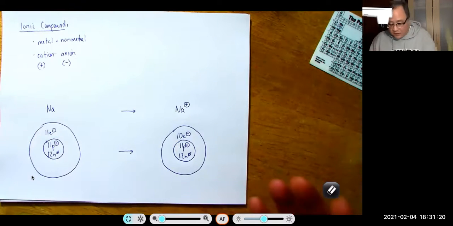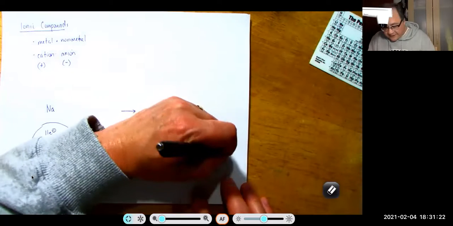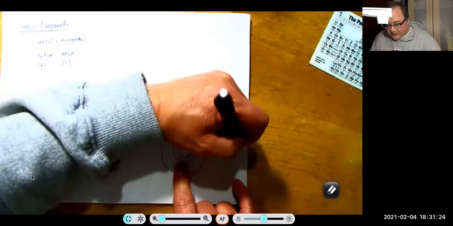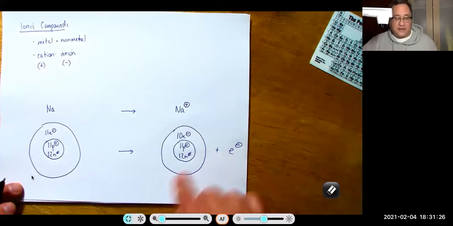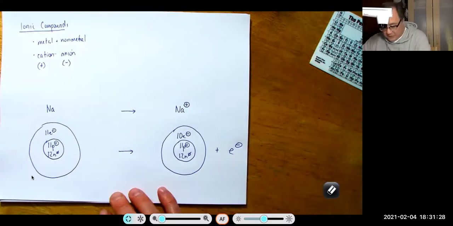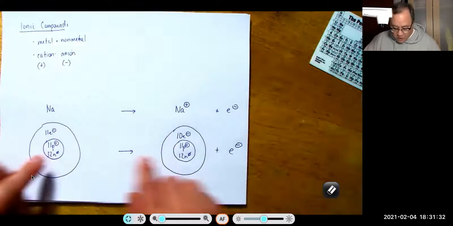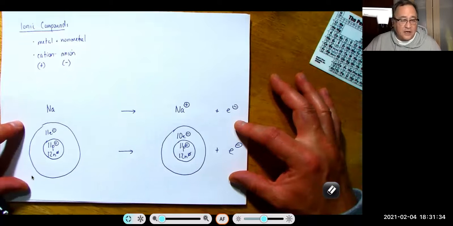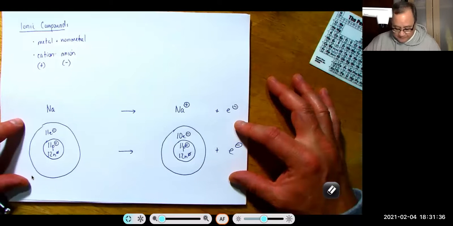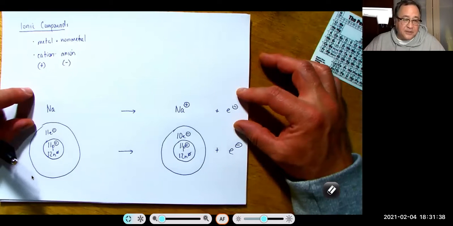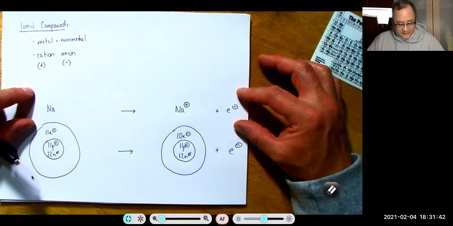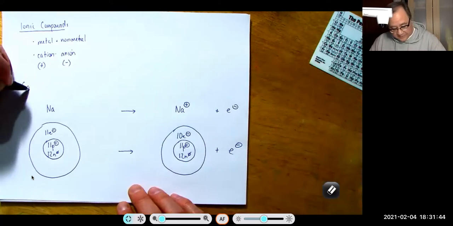Well, to account for it, we say we get this ion plus an electron that's no longer part of the ion. So that would be written like this above. So below we have a drawing of what happens to the atom, and above we have the symbolism that we use to represent the same thing. And this is cation formation.